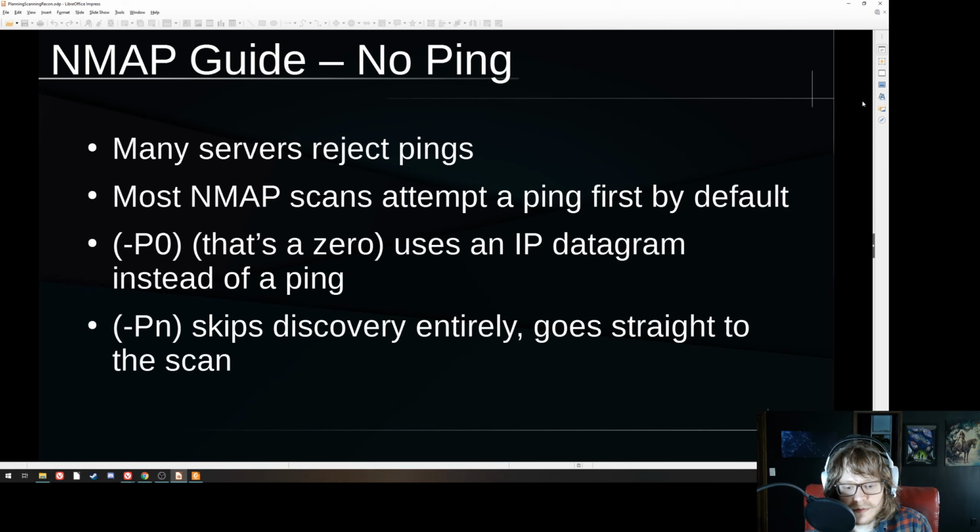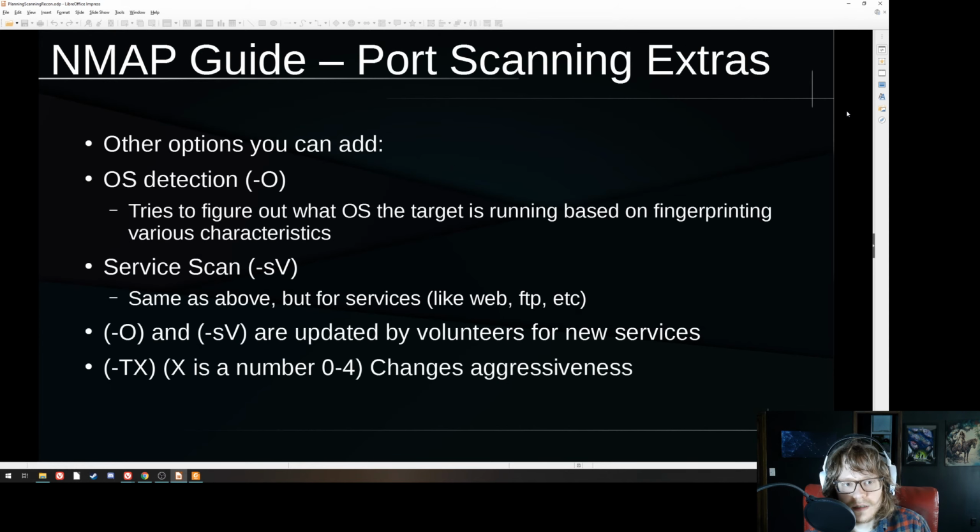So sometimes these will discover machines that are configured not to respond to pings exclusively. They're just configured not to respond to pings, but they will still respond to datagrams. It's pretty rare, but it's occasionally something you'll see from computers that have been overloaded by too many people pinging them. They'll just disable pings specifically.